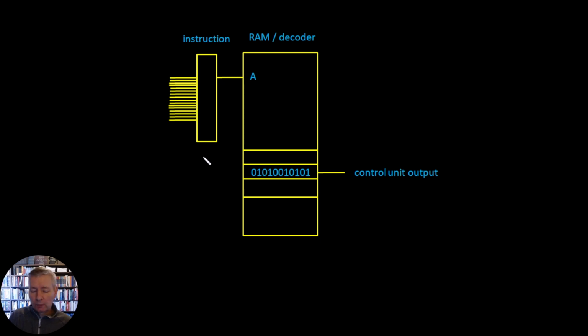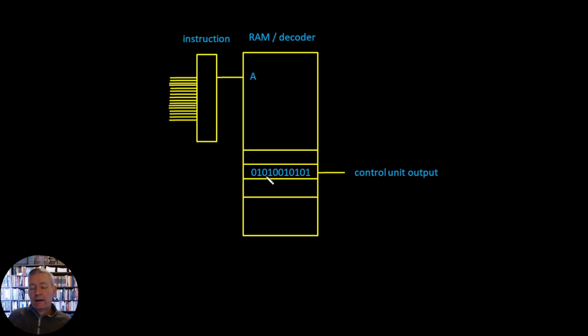But one thing we have to be careful about is that if we were to expand the number of registers, then the RAM decoder, or the number of these, we could call them microcodes, is going to increase, and the microcoded control unit's complexity is actually going to increase as well.